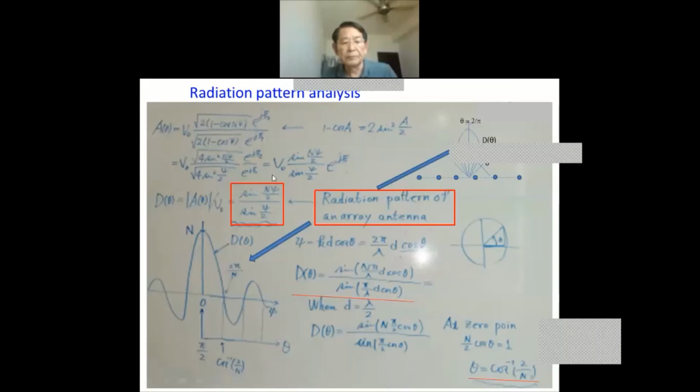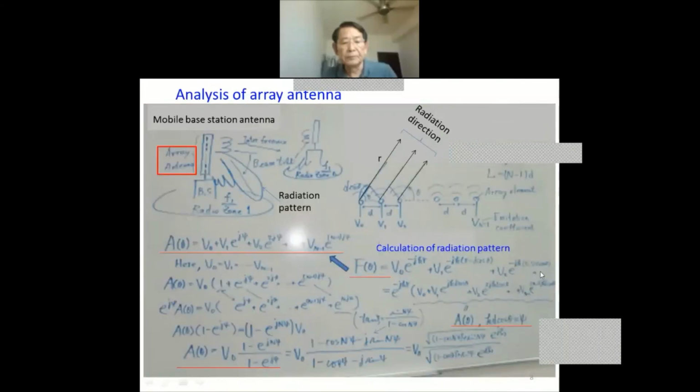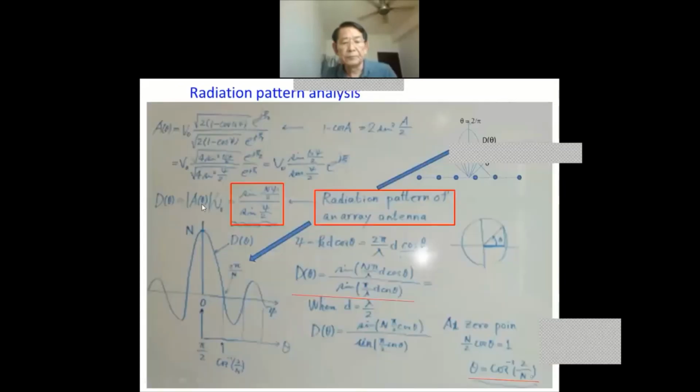So we can derive the radiation pattern equation like this by adding all the elements and obtaining the summation. And finally, divided by E0, it becomes the pattern. So this is a very famous pattern, the sampling function.